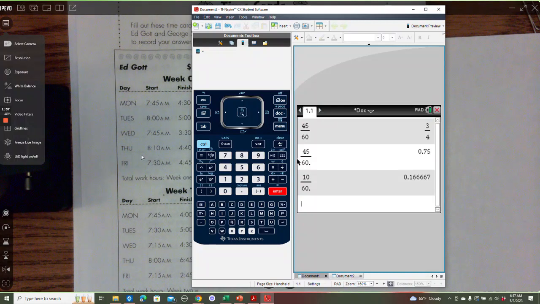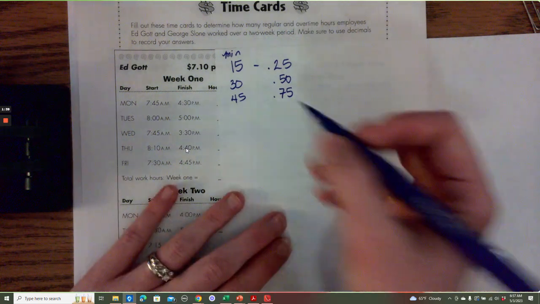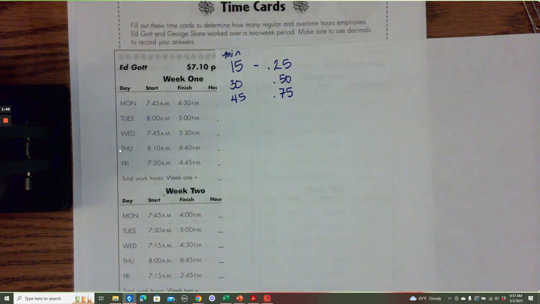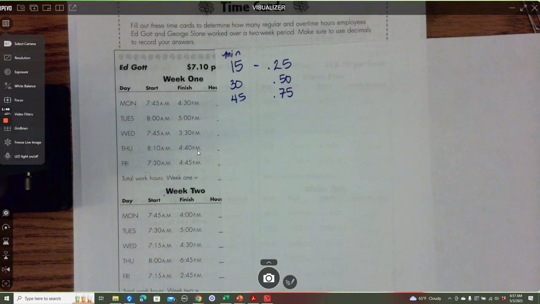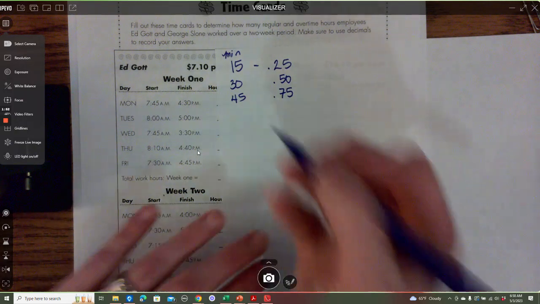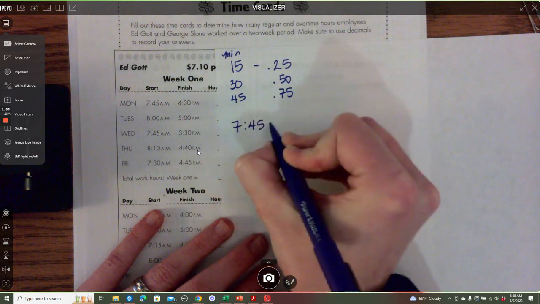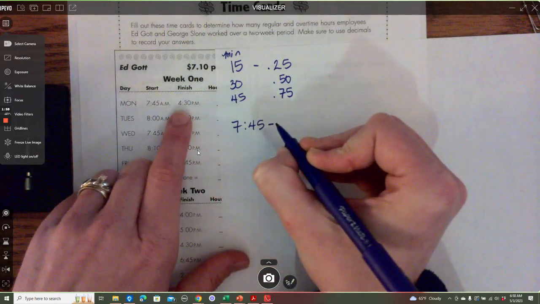If we do 4:30 minus 7:45, we can't do that because it goes past noon. We can't just subtract those times. The easiest way is to adjust it from 7:45 to the nearest full hour. I can't go to 4:45 because that's too long.